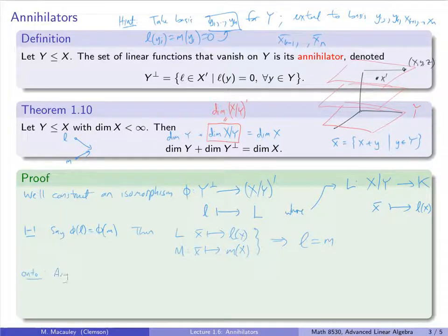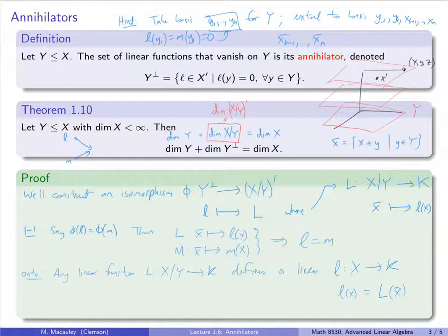Any linear function L from x mod y to k defines a linear function little l from x to k, and how you define that is little l of x equals big L of x bar.